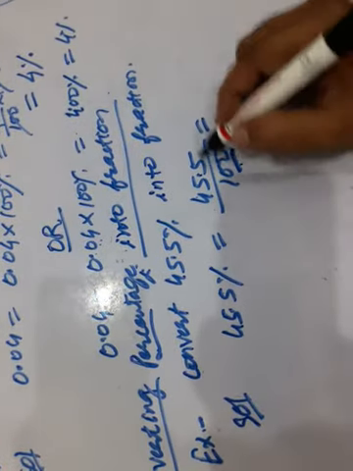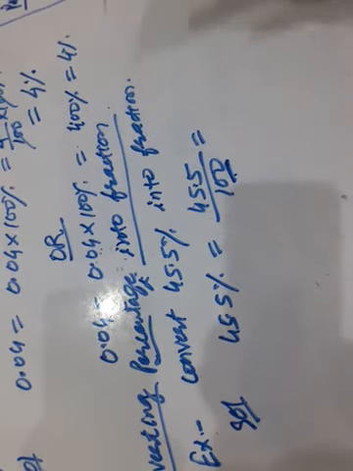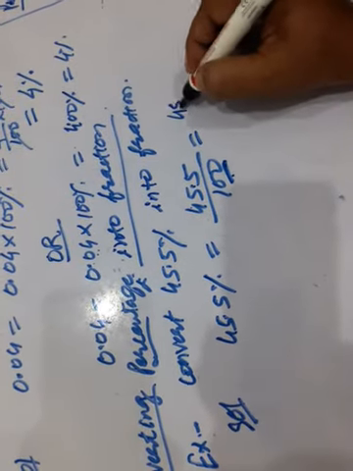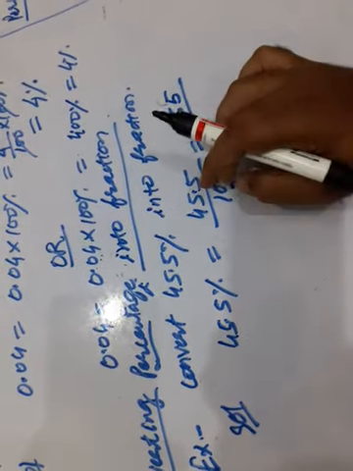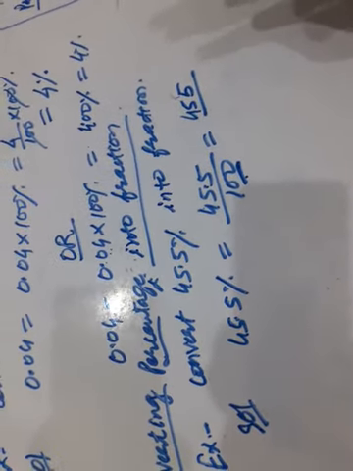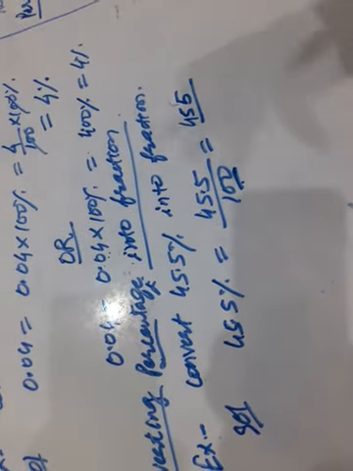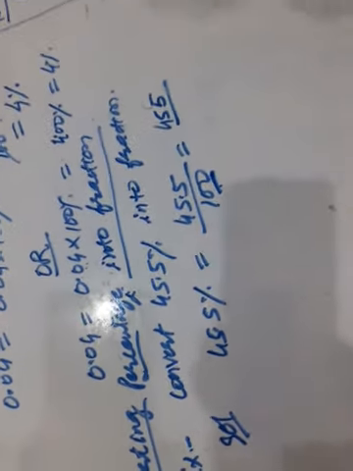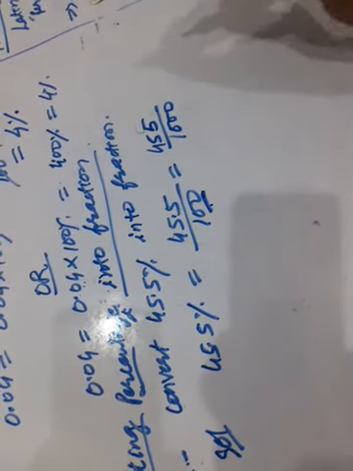The decimal point is shifted to the right hand side by one digit, that is 455. Since you shifted the decimal point of the numerator by one digit to the right, a factor of 10 will be increased in the denominator also. That is 1000.